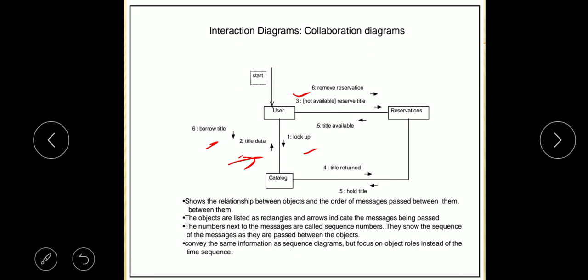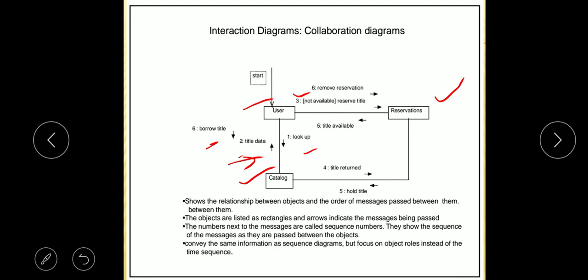And the numbers indicate the order of sending those messages, and these three rectangles represent the three objects. The numbers next to the messages are called sequence numbers. They show the sequence of the messages as they are passed between the objects.